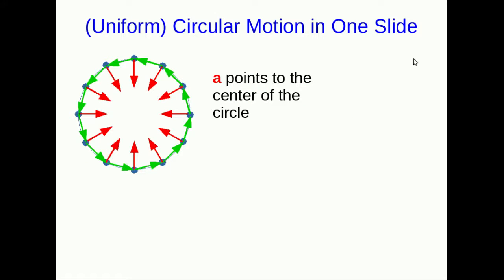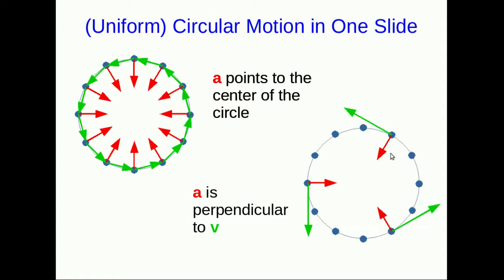So I'm just going to summarize the really key points about uniform circular motion. The acceleration, as we just saw, points to the center of the circle. Now, remember, these are average velocity vectors. If you instead look at instantaneous velocity vectors at the same time as these accelerations, you find that the acceleration is always perpendicular to the velocity, right?